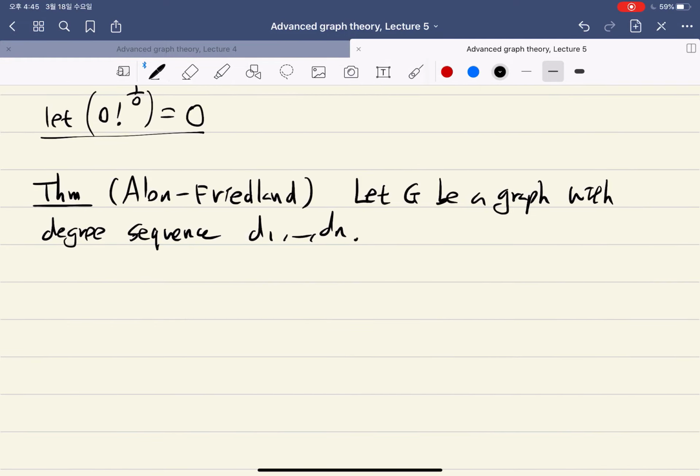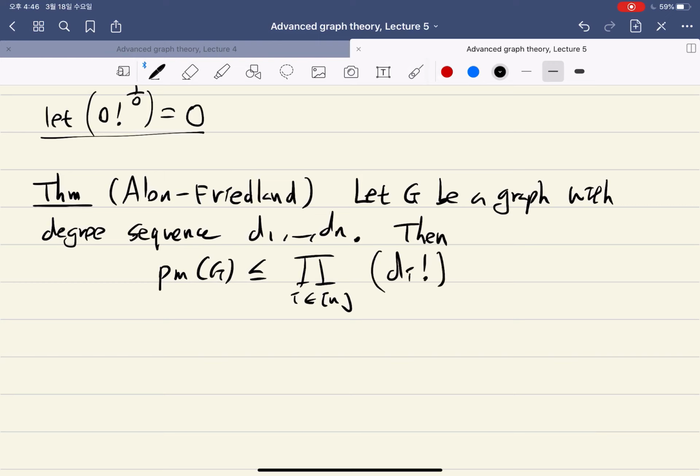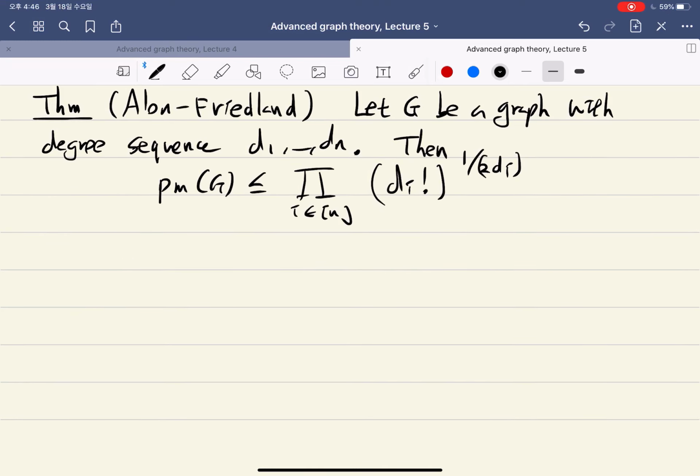Both are the same thing. So we know that the degrees of the vertices in G are d_1 to d_n, but we don't know what the graph is. But from that, we already have an upper bound on the number of perfect matchings, which is (d_i!)^(1/(2d_i)), and you multiply them.